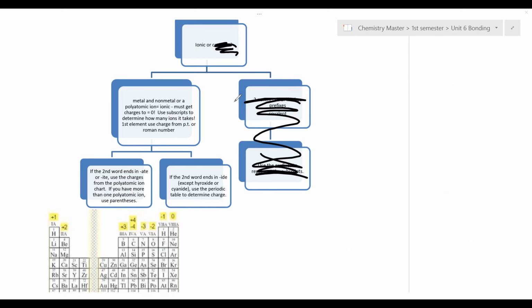For right now, we're only going to focus on this box right here. Let's talk about the last one we just did, aluminum bromide.